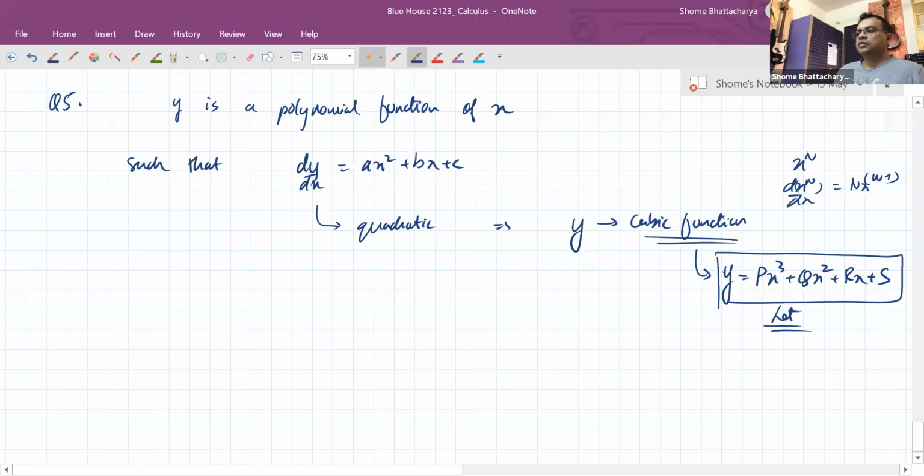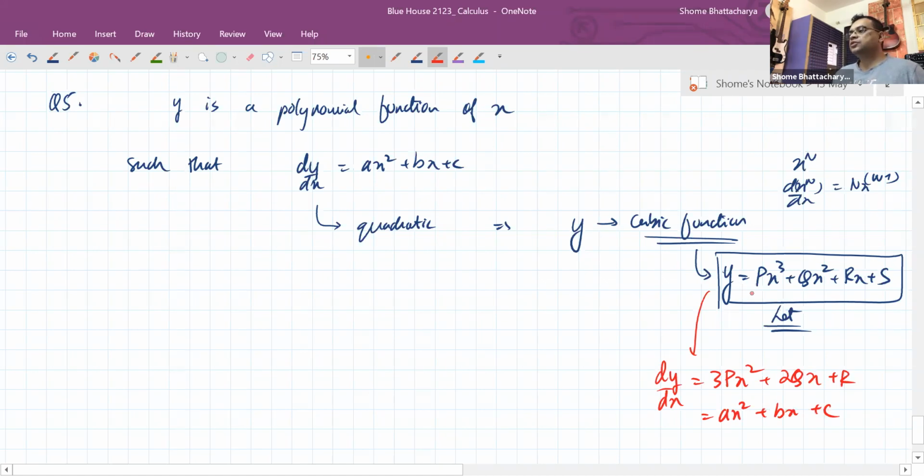Okay. So if you differentiate this, you can see you will get this type of term. So this only is expressed as ax square plus bx plus c.